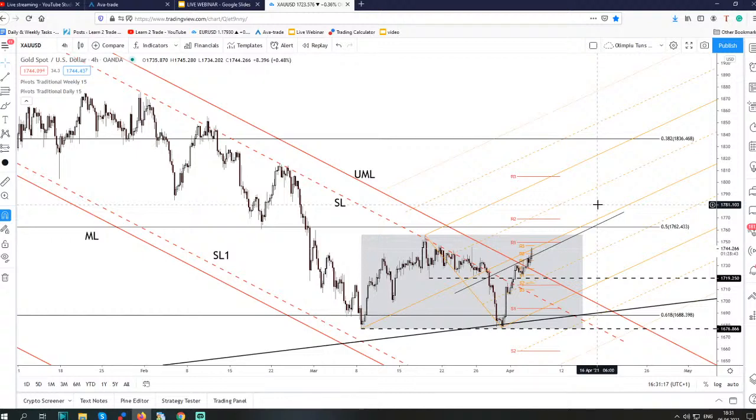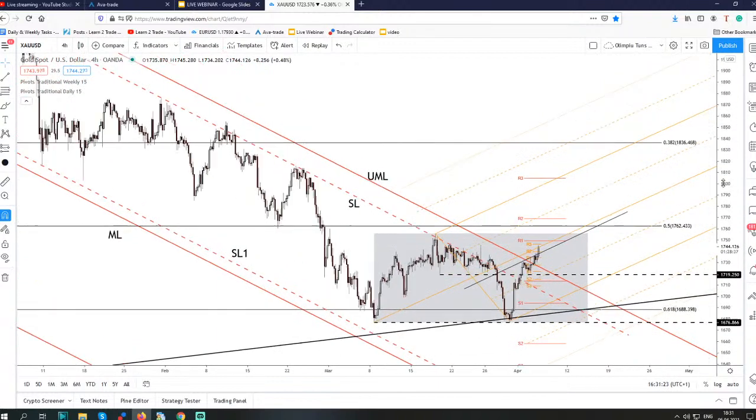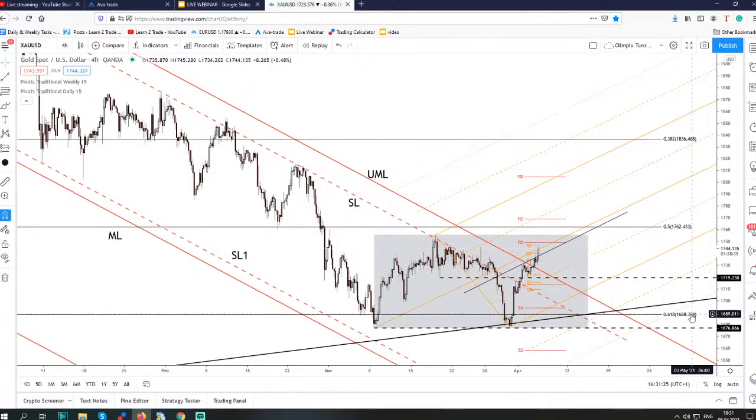Okay, so as I've told you in the previous webinar, the price has found strong support right below 61.8. It has jumped above the sliding line and now is trading above.